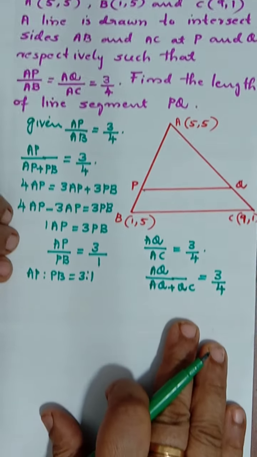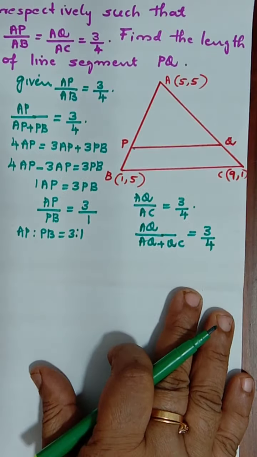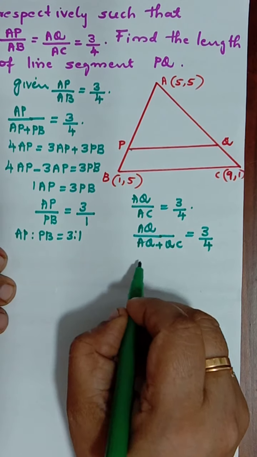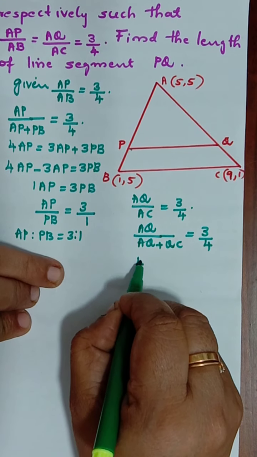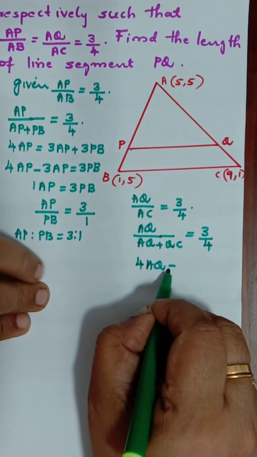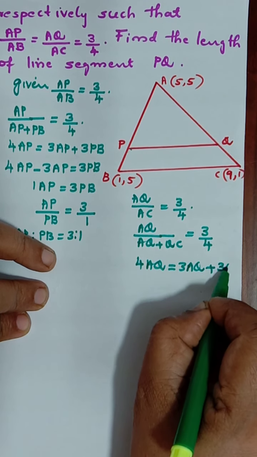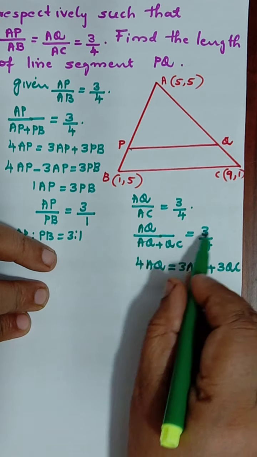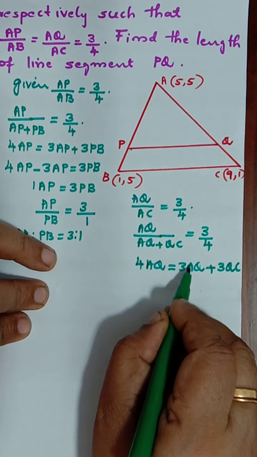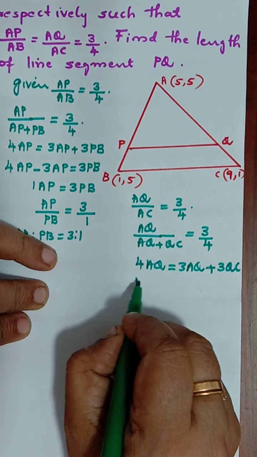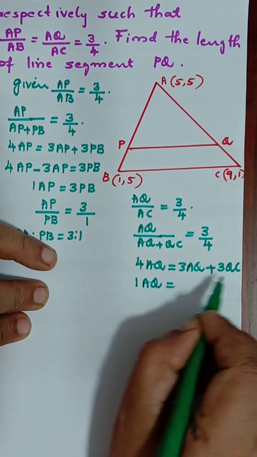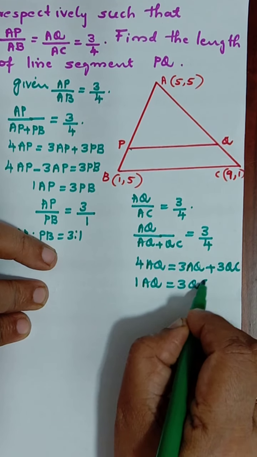Cross multiply now. When you cross multiply, what do we get? So 4AQ is equal to 3 times AQ plus 3 times QC. Distributive property. 4AQ minus 3AQ is 1AQ, remaining with the 3QC.